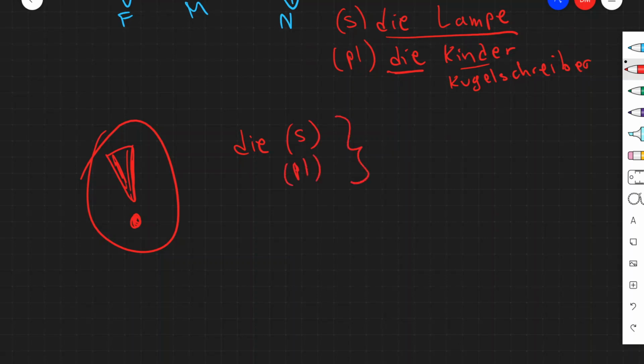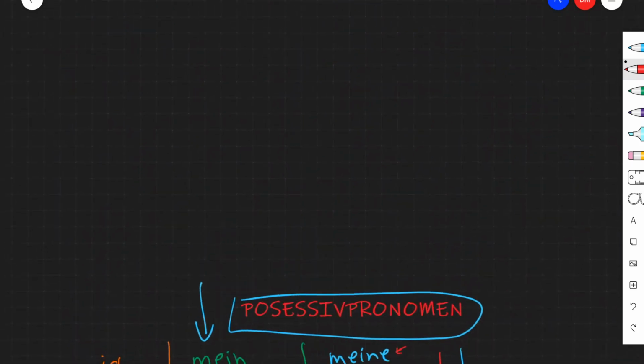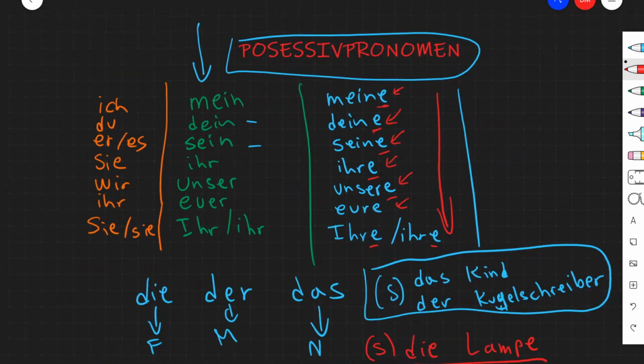You have to add the E at the end of possessive pronouns. Meine, deine, seine, and so on and so forth, as we have written them down in these columns.